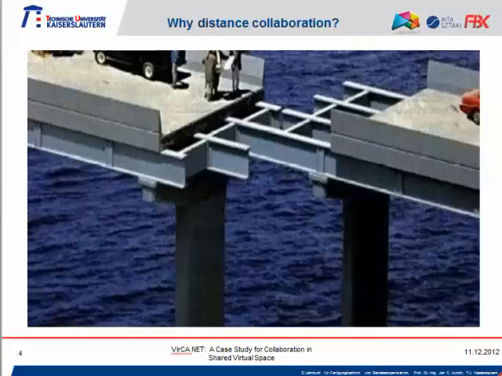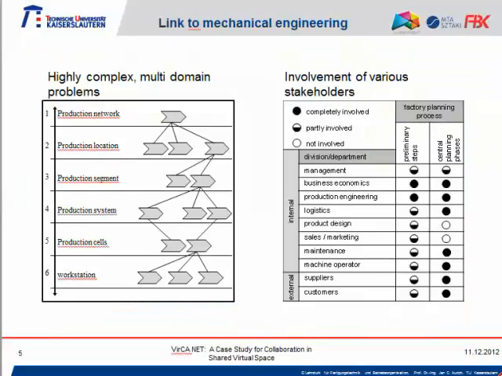So this is a very short introduction to the distance collaboration topic. Coming to the link to mechanical engineering, which is the main topic I'd like to refer to today: mechanical engineering projects of this type, where we especially focus on production planning or factory planning, are a highly complex and multi-domain problem.